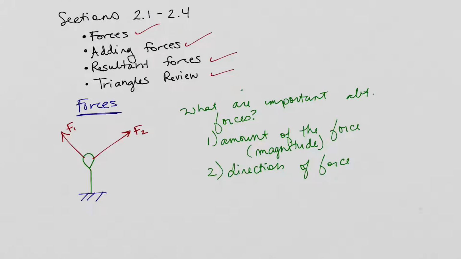When you add vectors, you have a couple of different methods of doing that. But basically just to get an idea of what we mean by adding vectors, let's say we had those two forces on the previous page. I'm going to grab those.